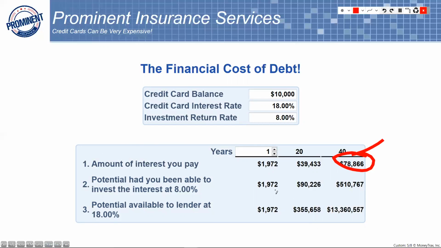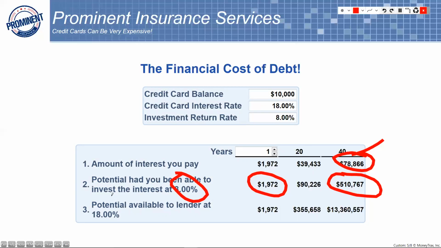And if you were able to invest $1,900 at 8% over 40 years, you would make $510,000 in 40 years just by investing $1,972.